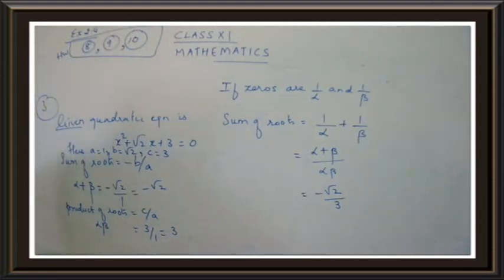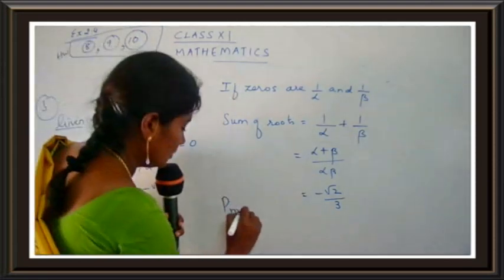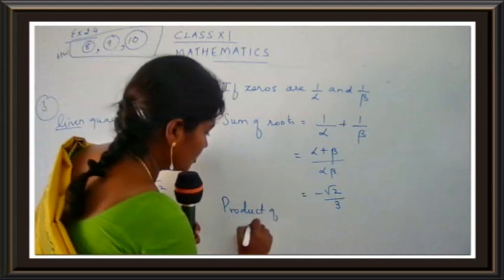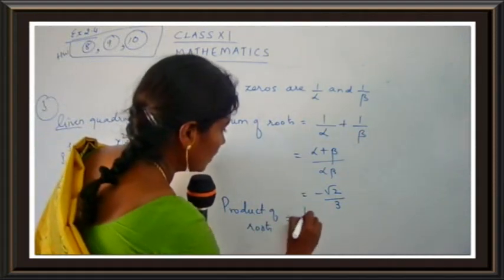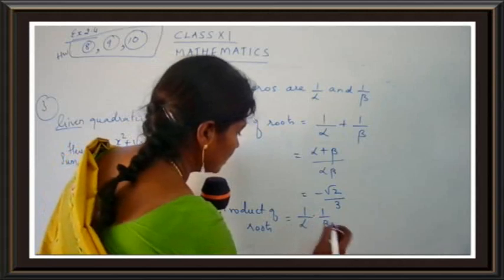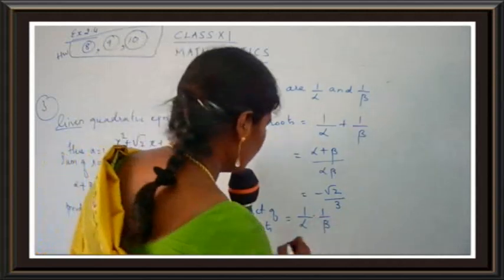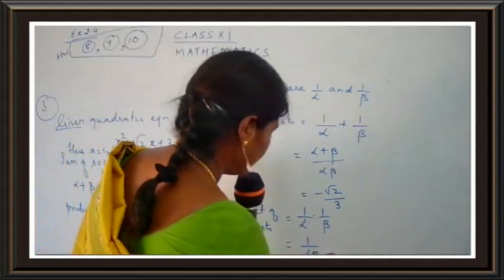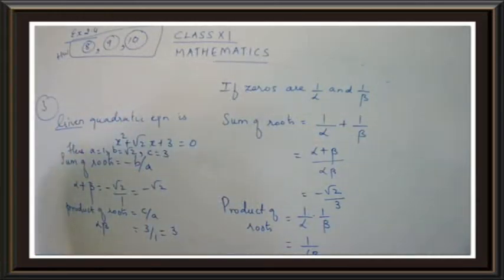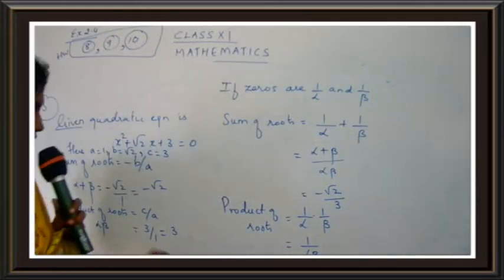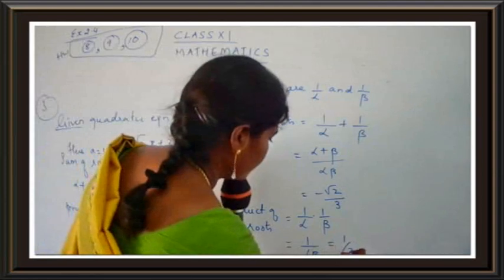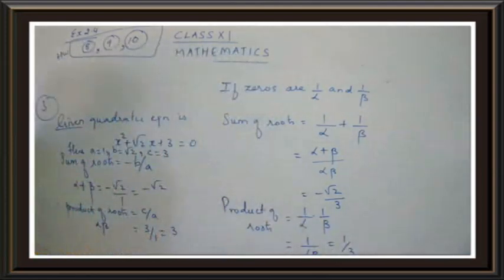So now I am going to find out the product of roots. Product of roots is equal to 1 upon alpha into 1 upon beta. So this is equal to 1 upon alpha beta. What is 1 upon alpha beta? 1 upon 3. So we have found the value for sum of roots and product of roots.